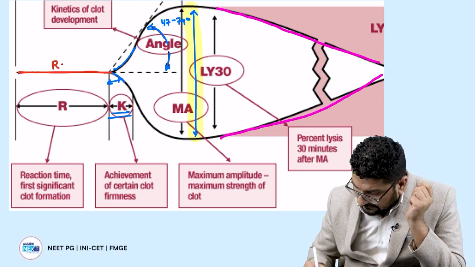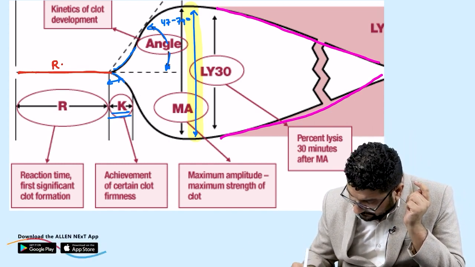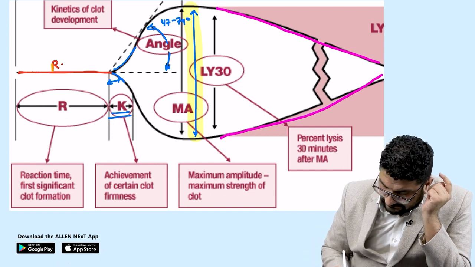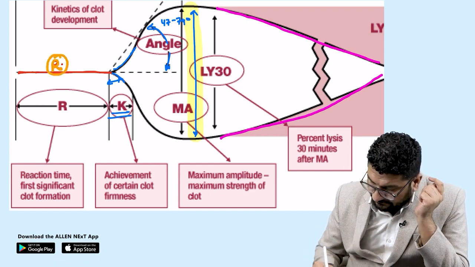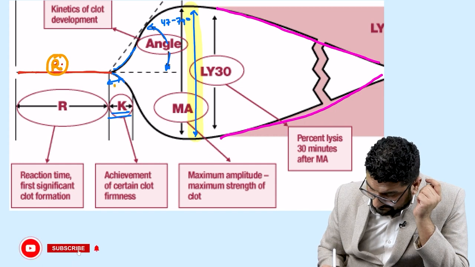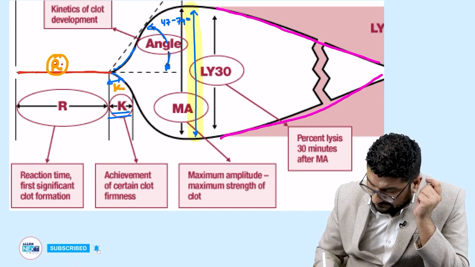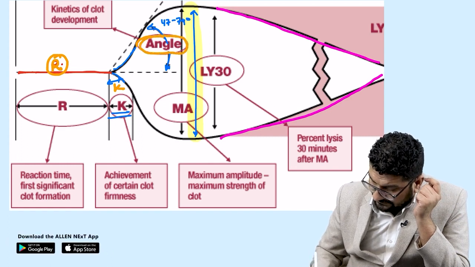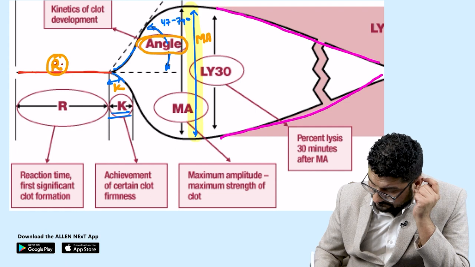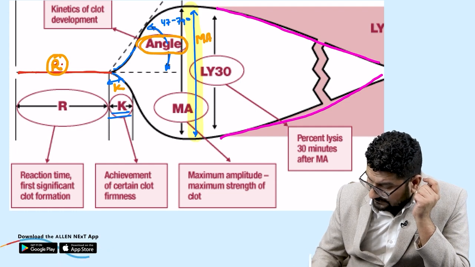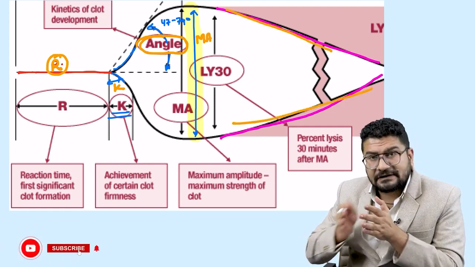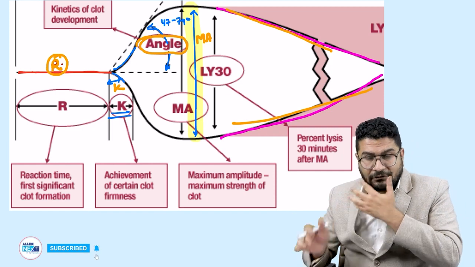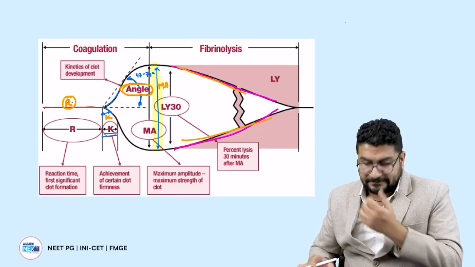So let me change the pen so that I can show you all the readings. This is R time. This is K time. This is the angle. Then this is MA, and here what we see, this downfall, the tail that goes down, that downfall is what we call lysis 30.